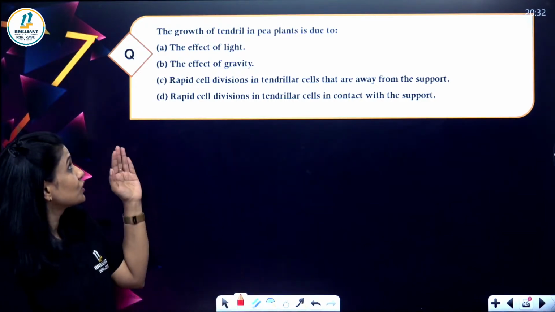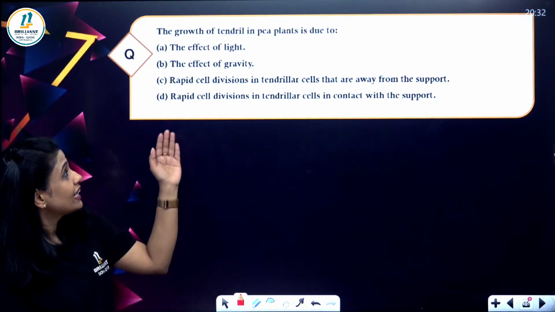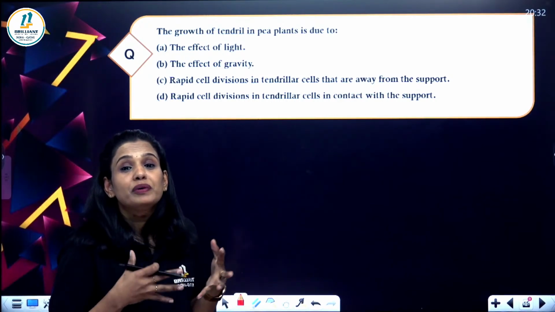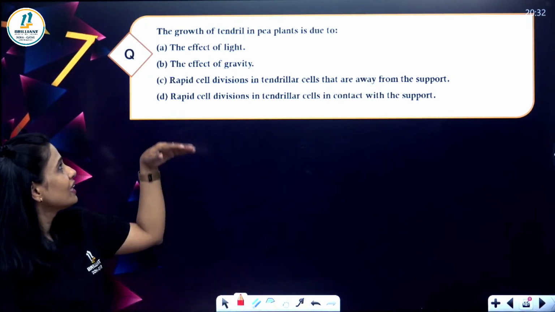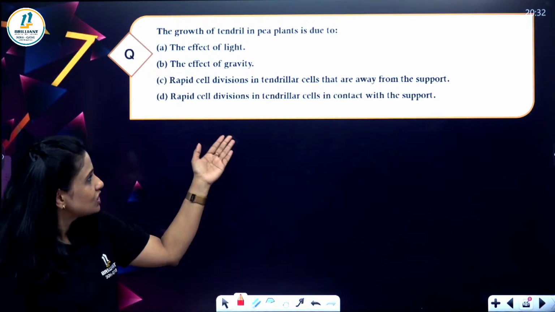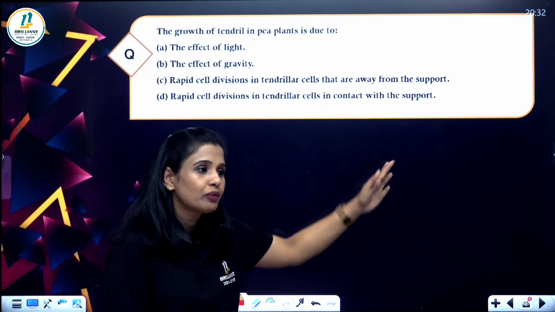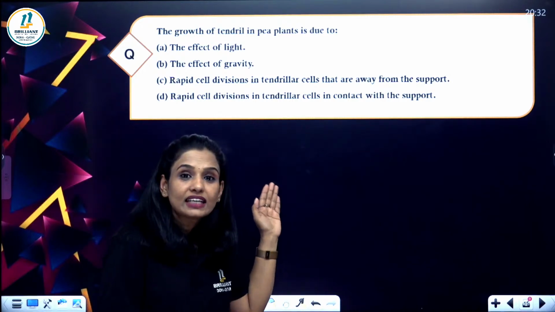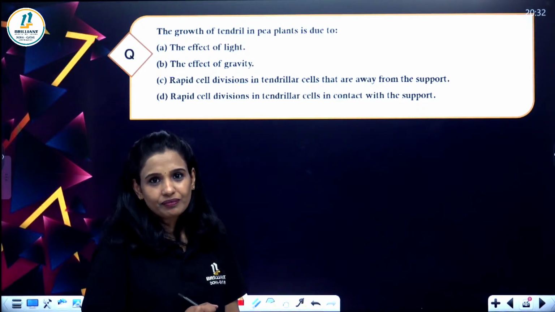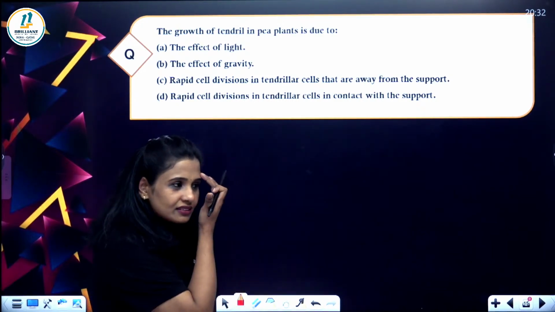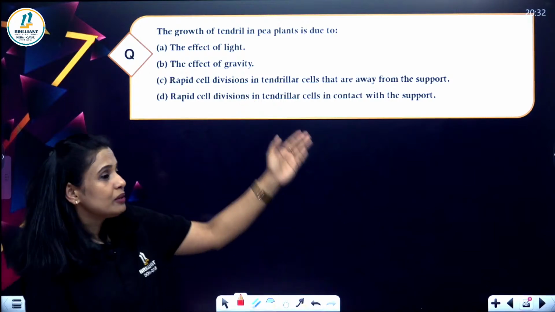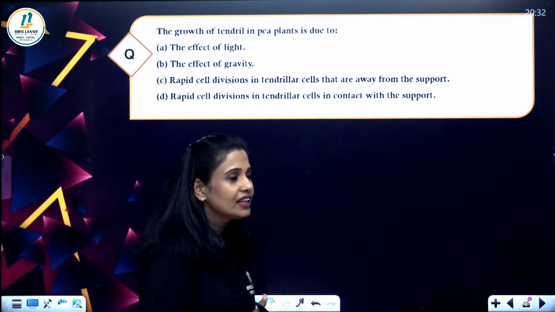Okay, now do the next question. The growth of tendril in pea plants is due to: the effect of light, the effect of gravity, rapid cell divisions in tendrilar cells that are away from the support, or rapid cell divisions in tendrilar cells in contact with the support. Come on, comment the correct answer.